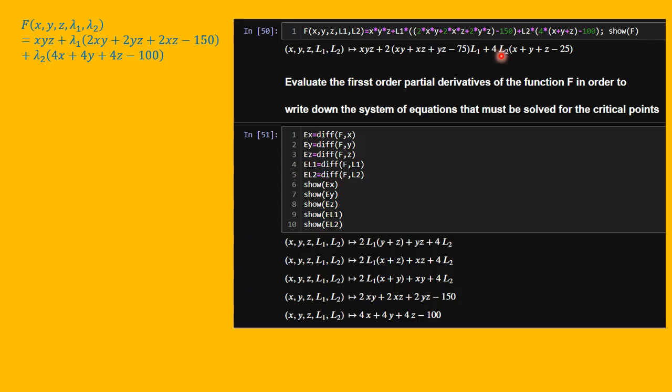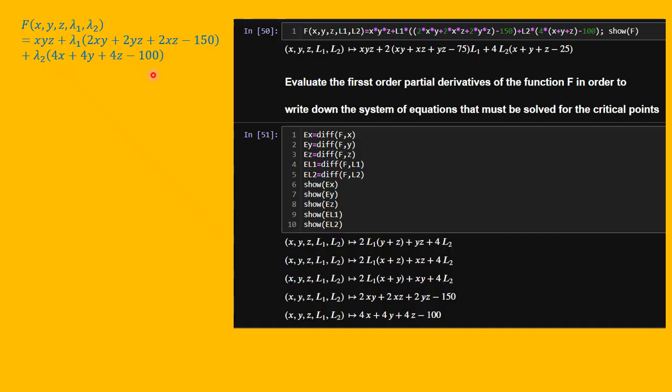This stuff, 4 times that stuff, is right here, multiplied by lambda 2. So we just wrote it in basically the way that this equation is, but SageMath itself did a little bit of rearranging, but they are equivalent.